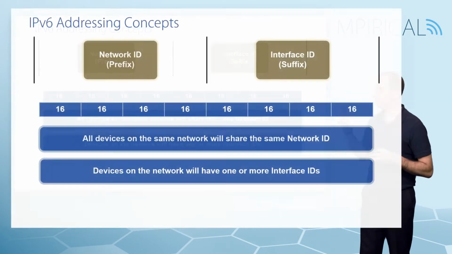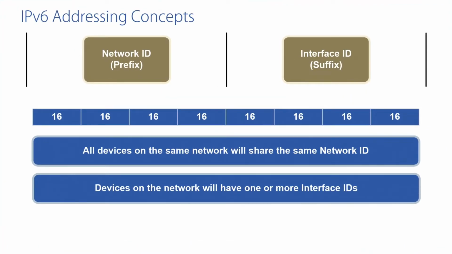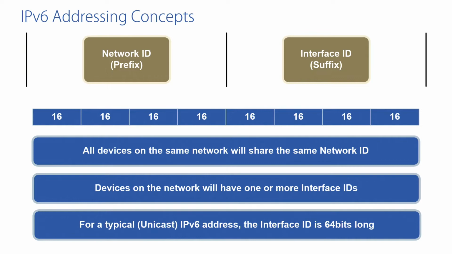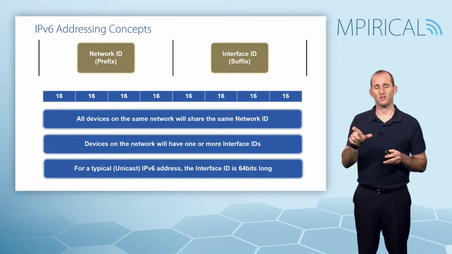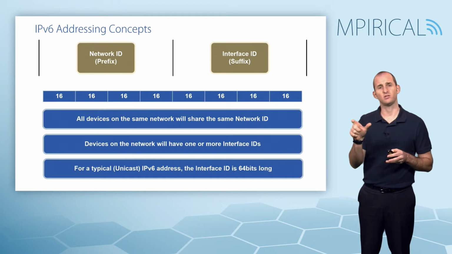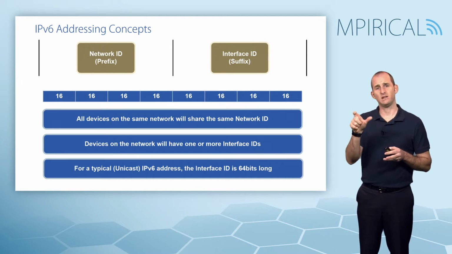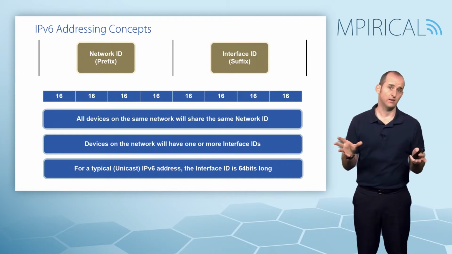So in IPv6, we have this notion of an interface ID. And just as a general rule, for a typical unicast IPv6 address, the interface ID is 64 bits long. Now this in and of itself, 64 bits, is a colossal number of bits just to identify the interface.